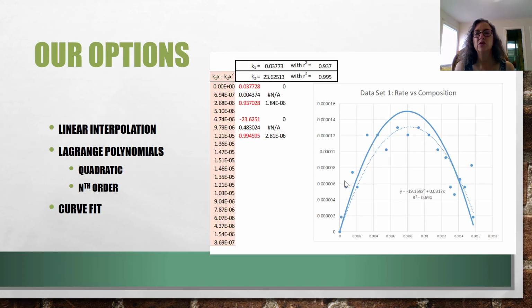We could also use a curve fit. Now you have to decide what the best curve fit is, but if you have that and you have good values for K1 and K2, then that curve fit actually should be the most reasonable answer for an estimate at any point along there because it smoothed out the full data set.